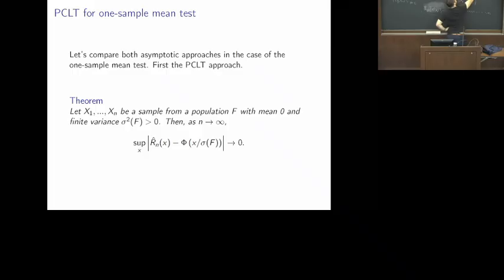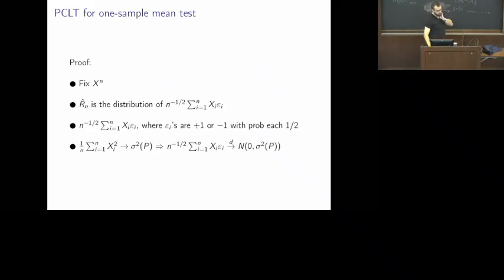This, properly normalized, was going to go to a normal with mean 0 and whatever the variance of x was. But I didn't tell you how to prove it.